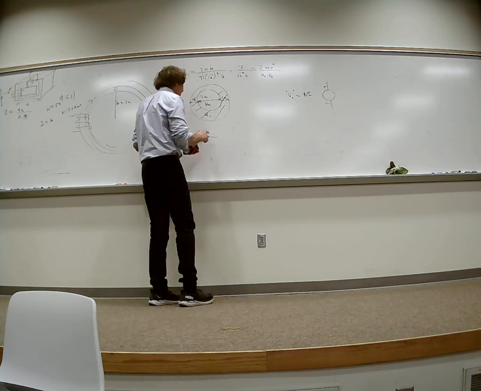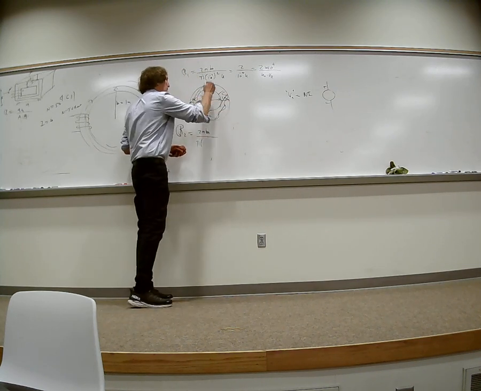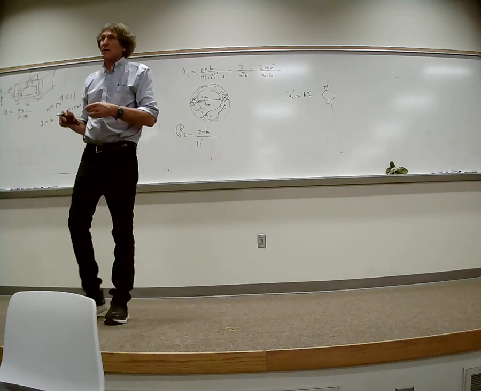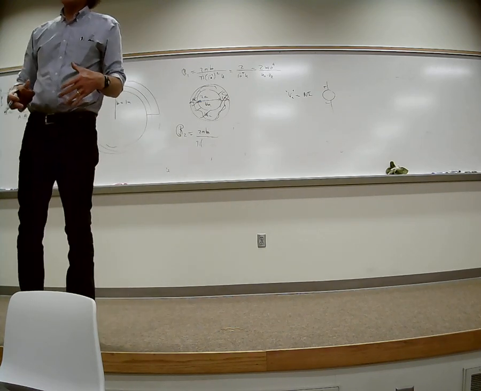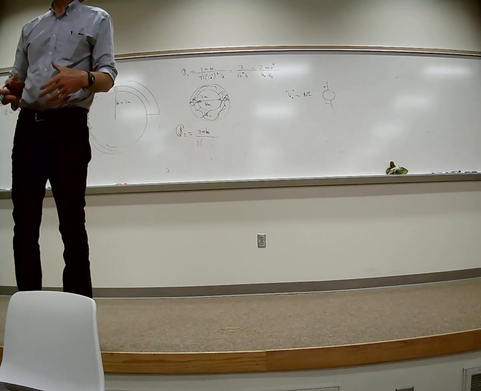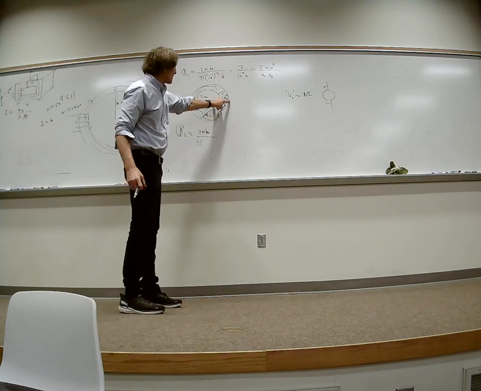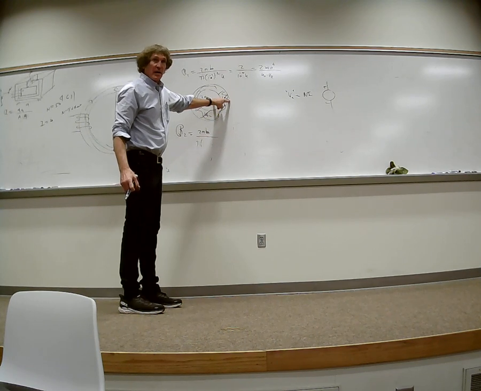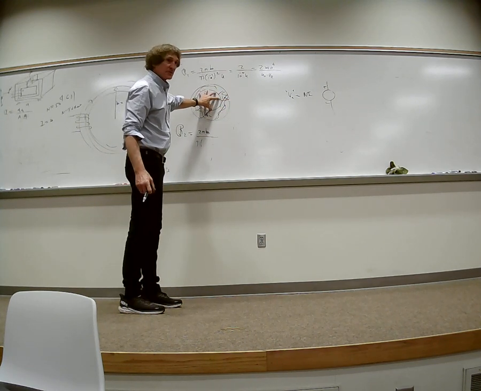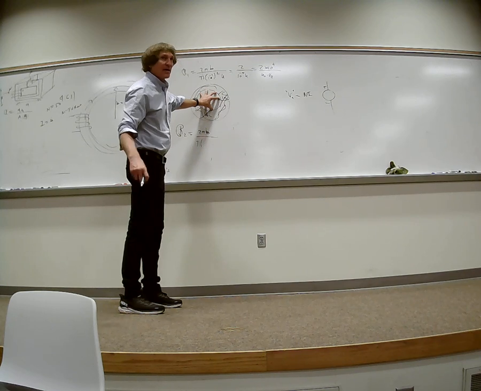What's the area here in the outer part? Well, if it was all made of that material, it would be pi times that radius squared, right? That radius would be 2 centimeters, from here to here. But we have to subtract the inner radius, or the area inside.